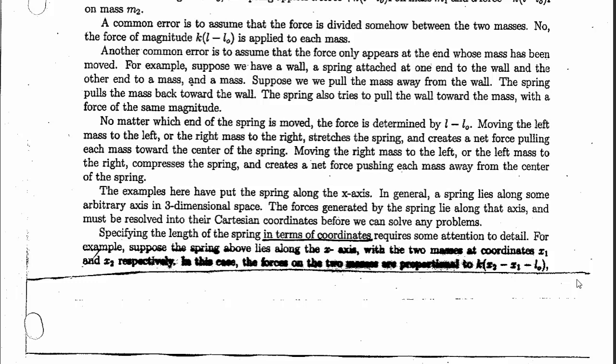That's how length is defined. x2 minus x1, well, it depends which mass is on the left, which mass is on the right. x2 minus x1, if you're not careful, could be positive or negative. And therefore, when you write the length of the spring, you may want to write it as x2 minus x1. You may want to write it as x1 minus x2, but you'd better think a bit about what you're doing so you have the length of the spring right.